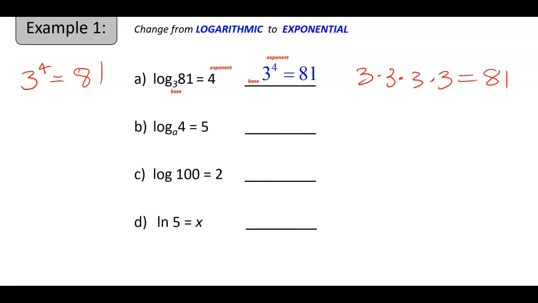You could, but you don't have to. So, let's see here. What's my new base going to be for this one? What's the little base here? So my base is going to be A. Go and write A. What do you think the exponent is going to be? 4 or 5? 5.